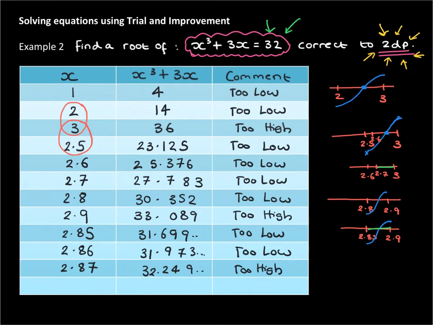So let me draw out my number line over here. Imagine I've zoomed right in on this. So 2.86 and 2.87. Now, 2.86 was a bit too low, 2.87 was a little bit too high.